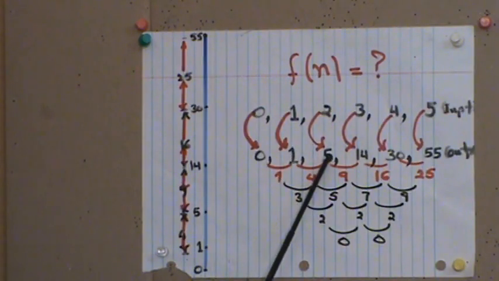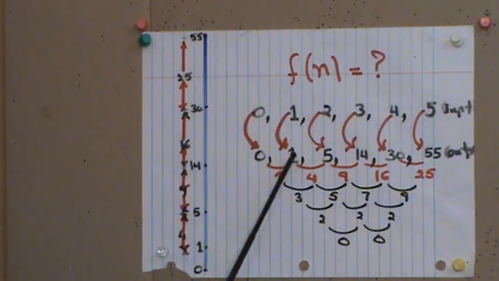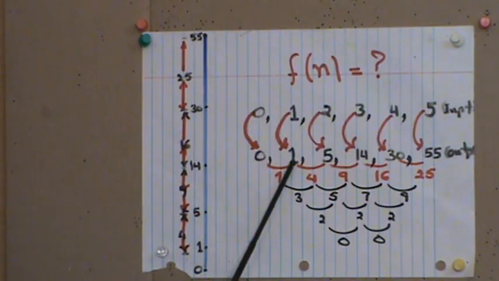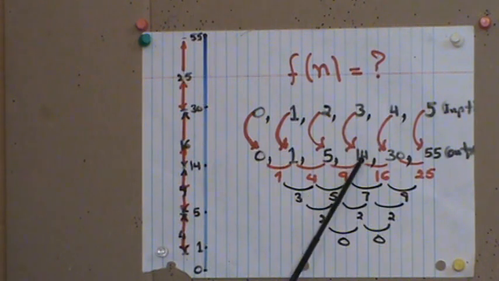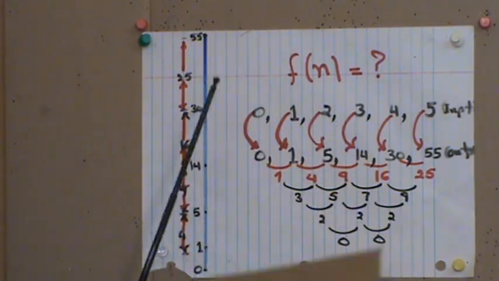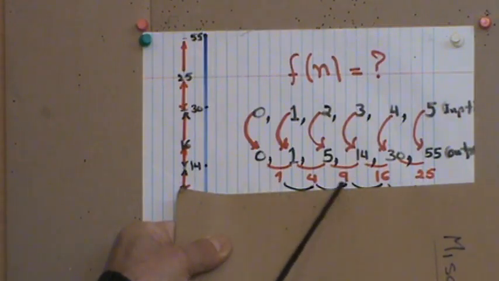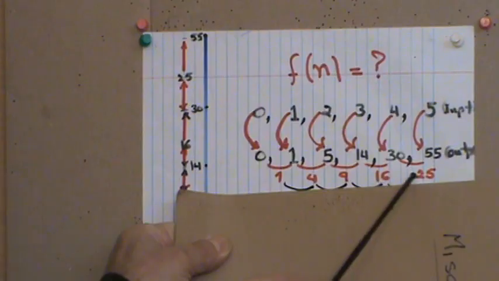From 1 to 5, the second point is 4 units away, so the function goes 4 units up on the vertical axis. And then from 5 to the next partial sum, the function goes 9 units up. Look at this. These are the outcome of a quadratic function, isn't that so? Quadratic.